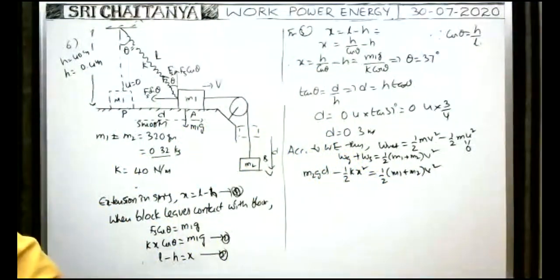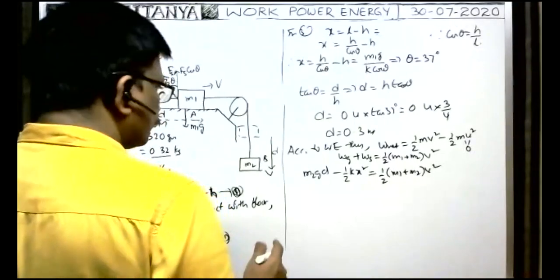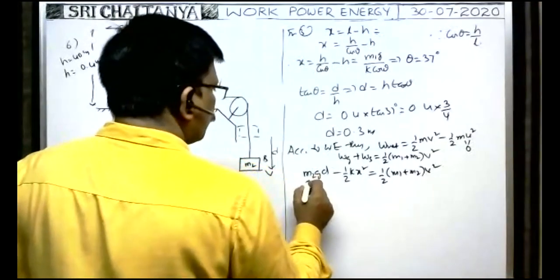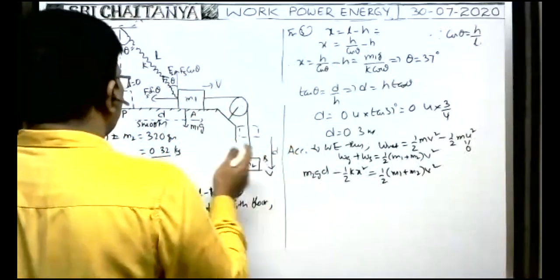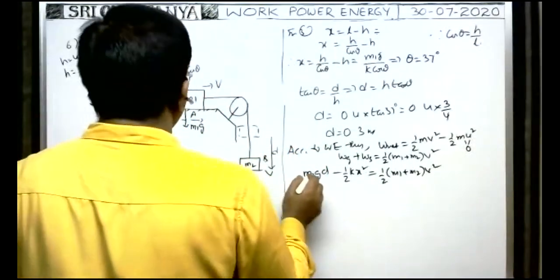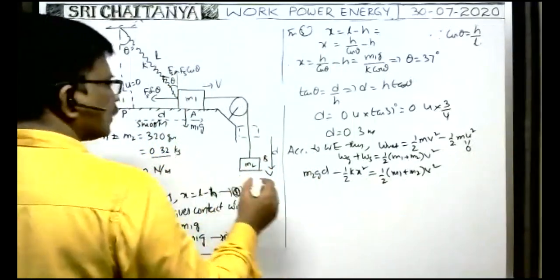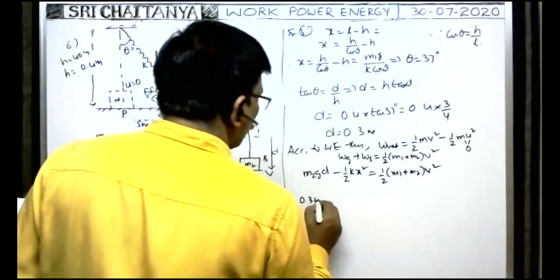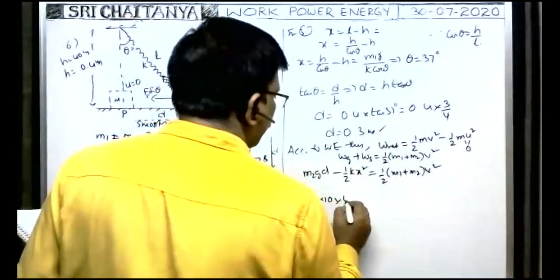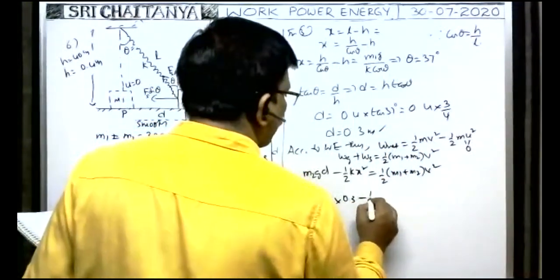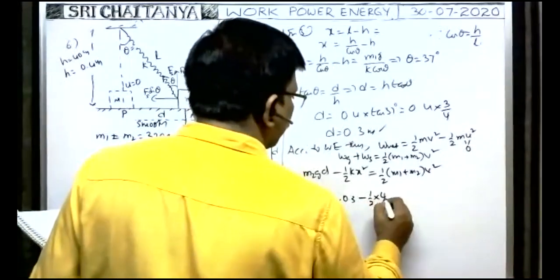Now we substitute the data. Here, m2 g. The masses of both blocks are the same. M2 is 0.32 kg, no? So 0.32 into g, which is 10, into d, which is 0.3 as we got somewhere here, minus half k, which is 40, into x.